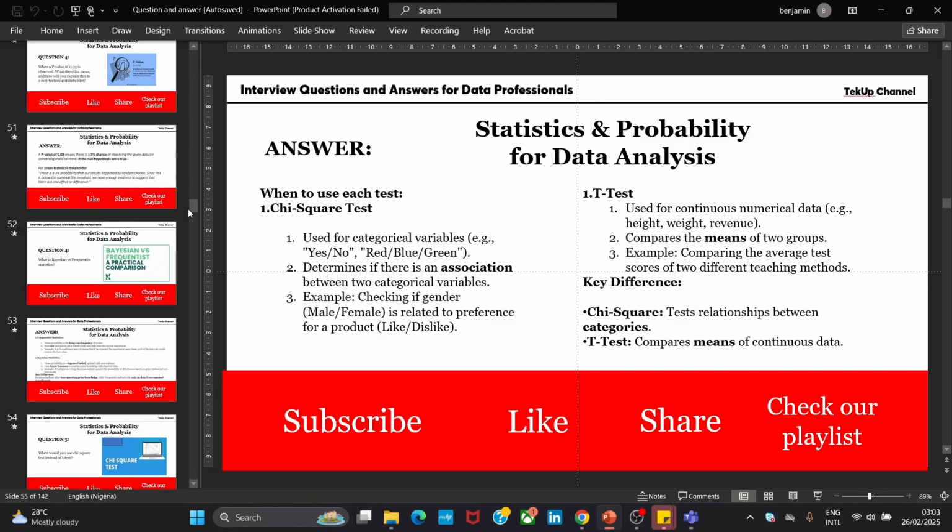So, what are the major differences between a chi-square test and a t-test? A chi-square tests the relationship between two categorical groups, while a t-test compares the means of continuous data.